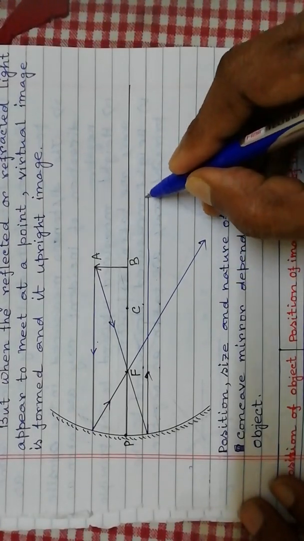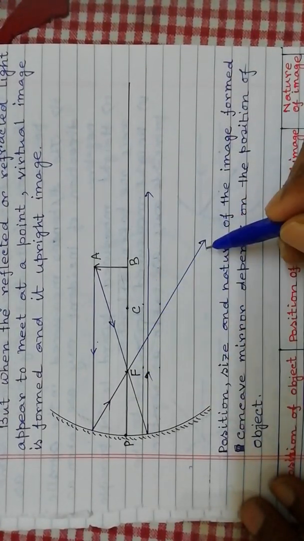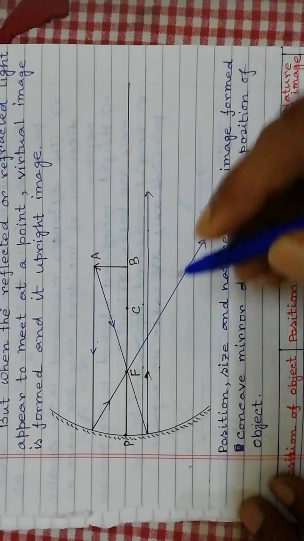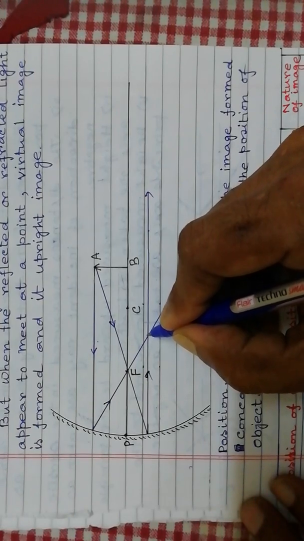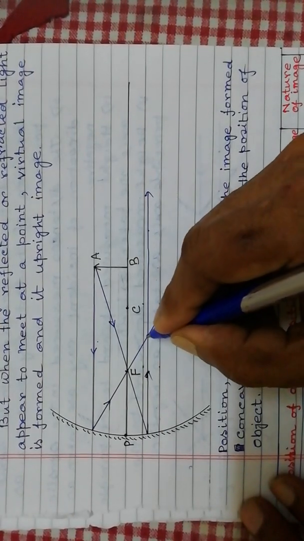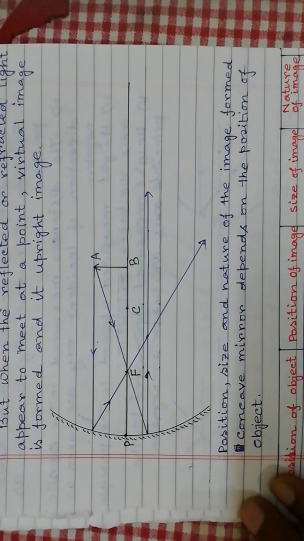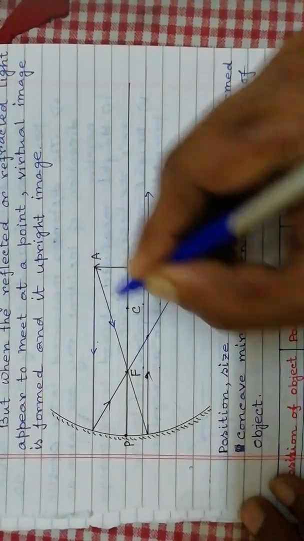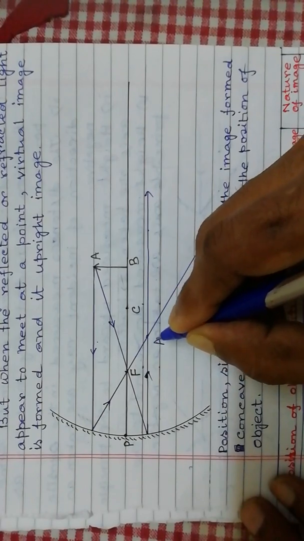Now this is the first reflected ray and this is the second reflected ray. These two reflected rays meet at a point here, and this is the image of point A. So take a dot.